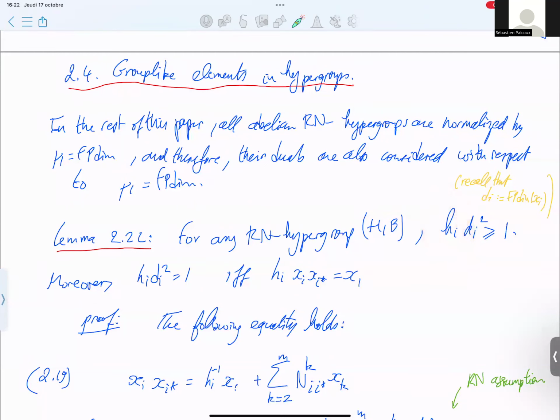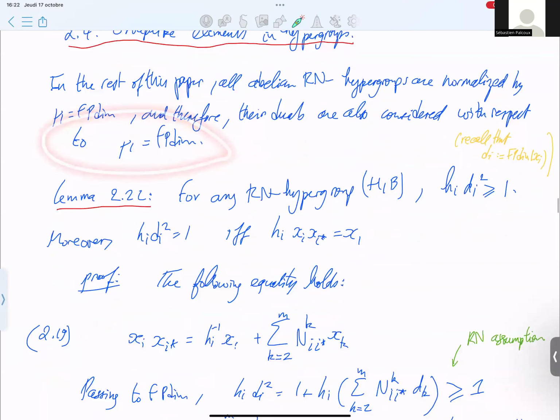In the rest of the paper, all abelian real non-negative hypergroups are normalizable. Therefore, the dual of a normalized one is normalized. So if all normalized correspond to that, because the dual of normalized is normalized, in the dual you also take that.